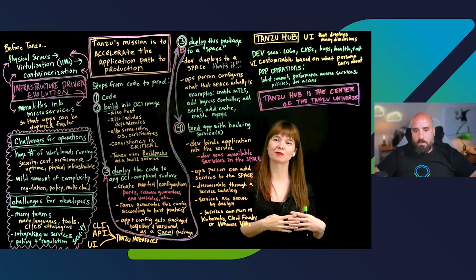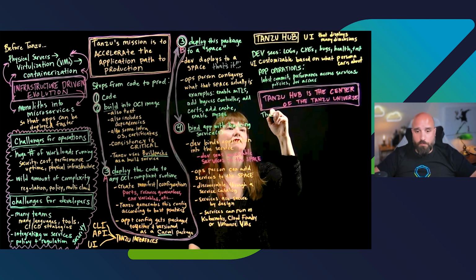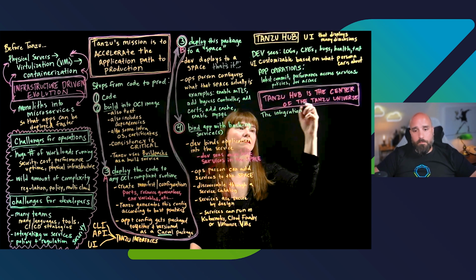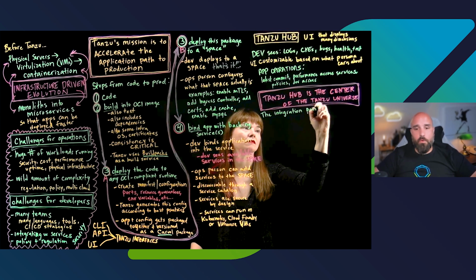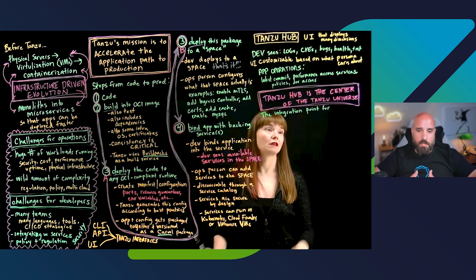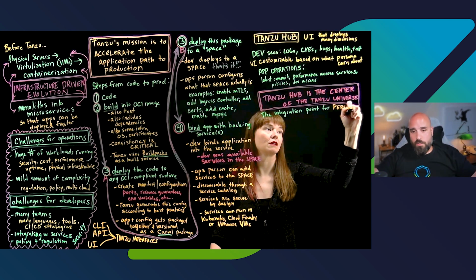It's the integration point for personas and the integration point for all of our Tanzu services. And again, that's where everything happens, right? That's where you will see the connection between the code, the build, the run, the services and other things.